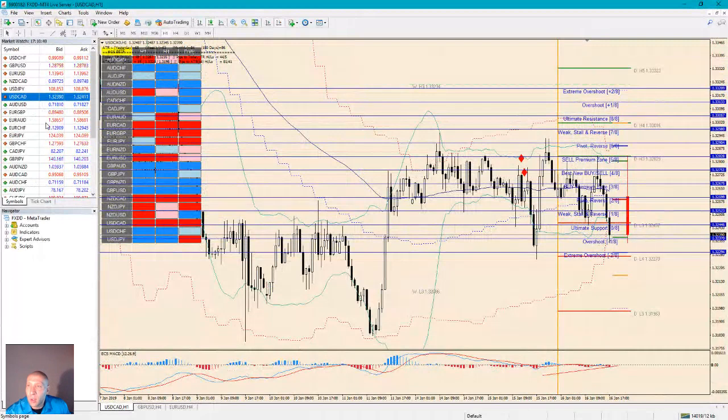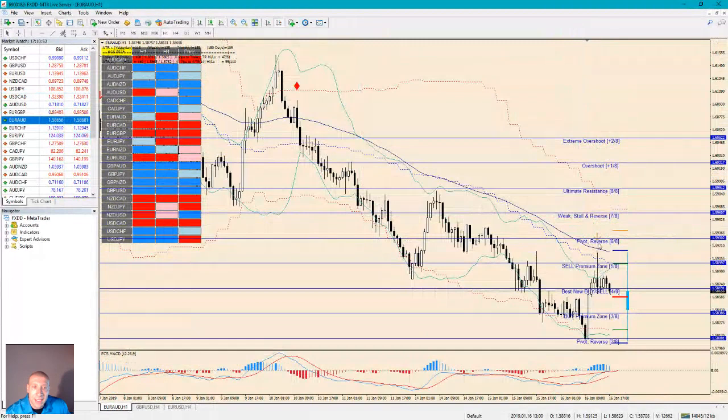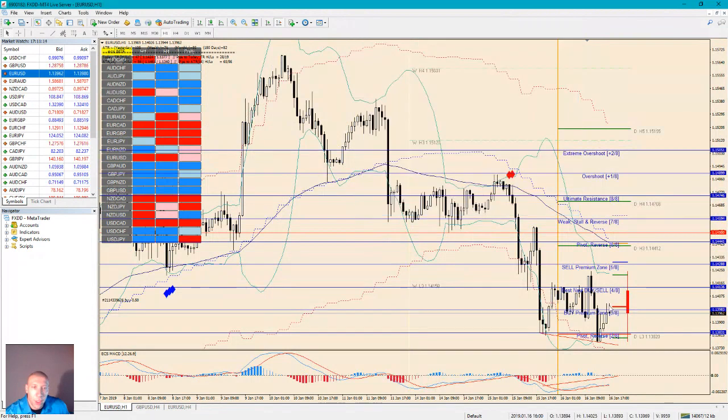Let's scan it more. Euro Australian dollar. Yeah, this could be a sell. Indeed, guys, this could be a small sell trade. Euro Australian dollar, you see. Yeah, but we already have a buy position on euro dollar here, so I would actually wait to see if euro dollar will go up, because of the correlation.